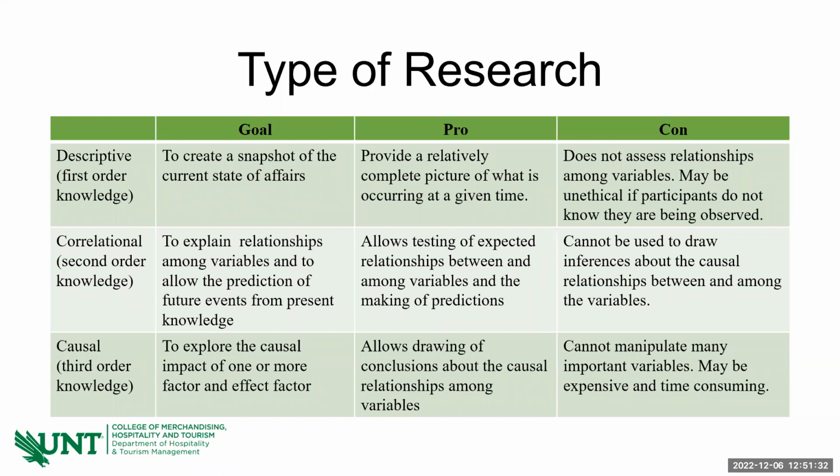Through causal research, you will be confident to say that your independent variable X is causing your dependent variable Y. The main disadvantage of this type of research is that it is time consuming and expensive. Sometimes you won't get the results you are expecting as well.